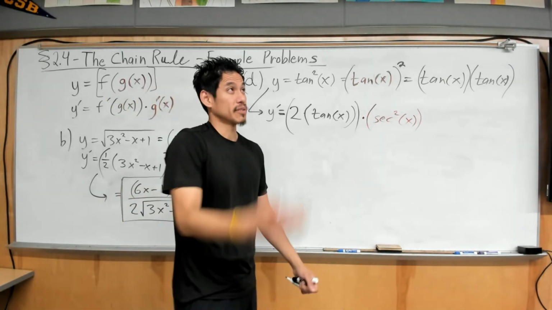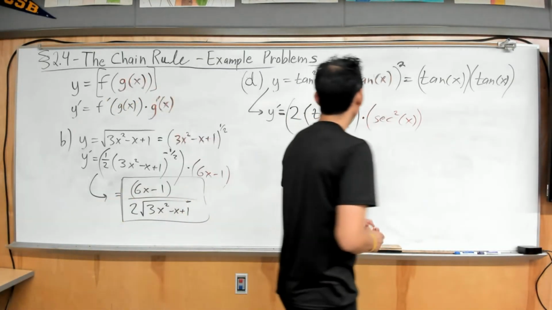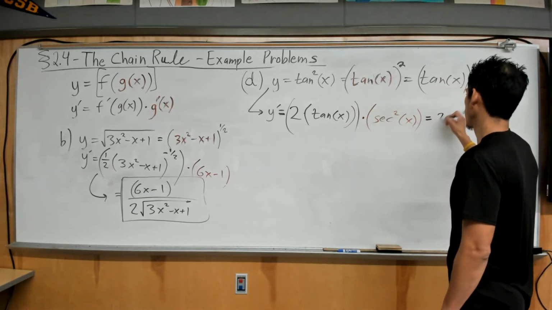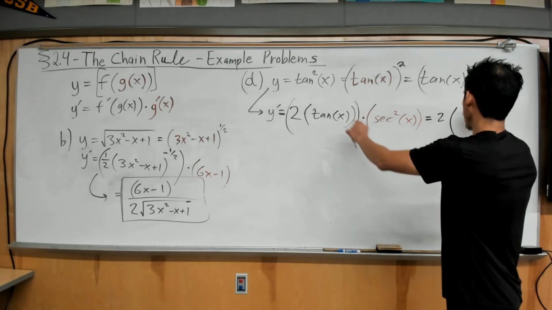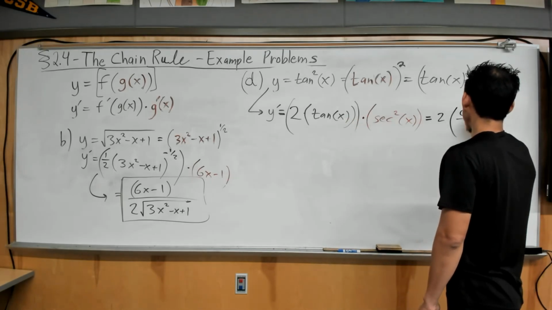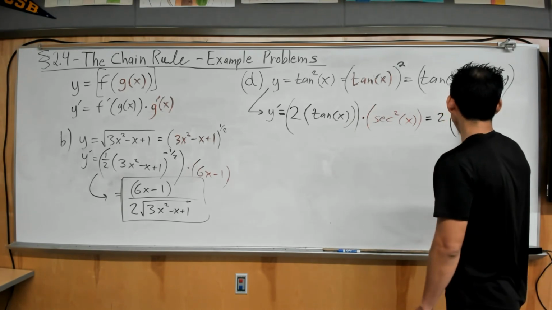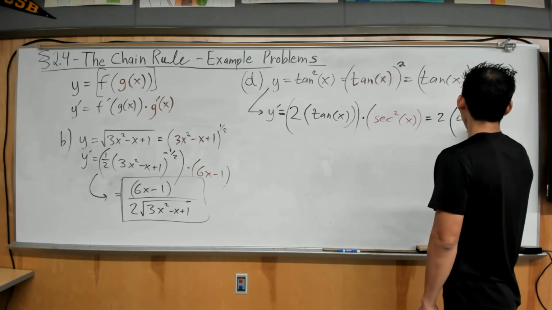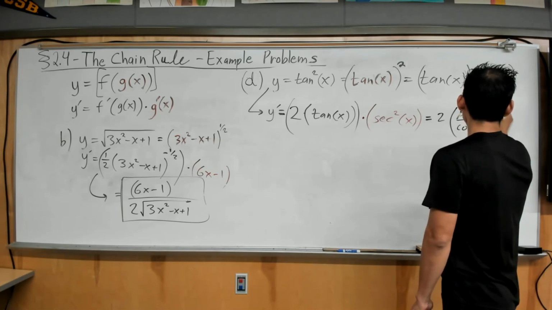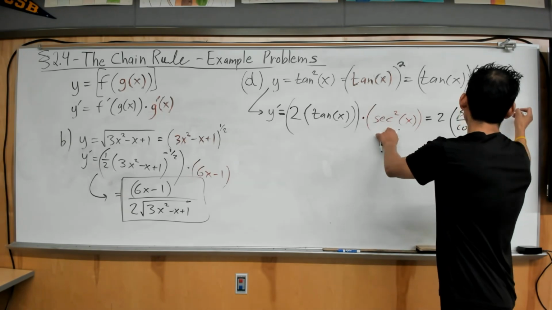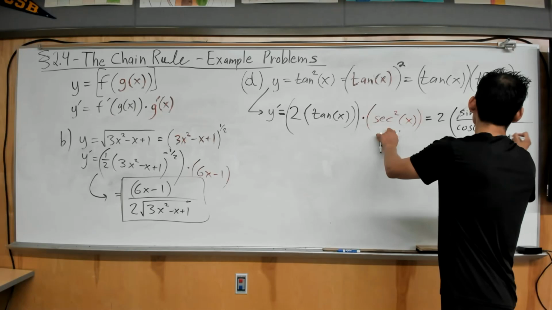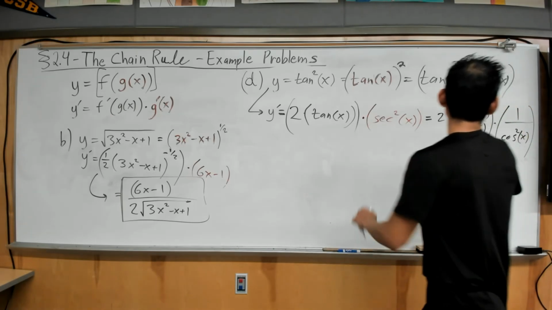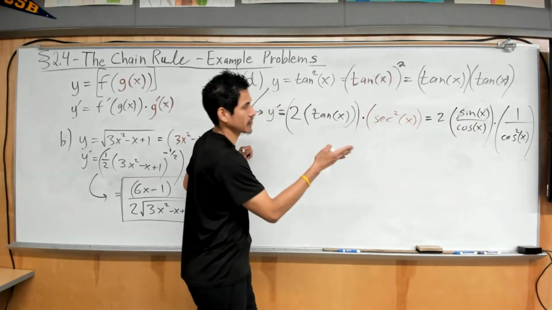I mean, you could probably go with secant over tangent. Yeah, these are the ways I don't like, because maybe your textbook will have it like sine of x over cosine of x, multiplied by 1 over the cosine squared of x, and you'll have sine of x over cosine cubed of x.